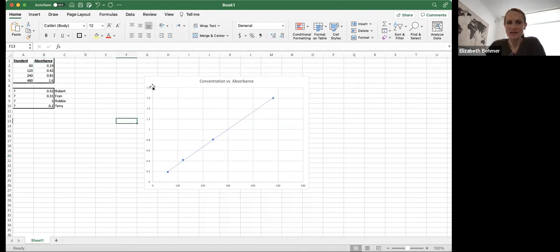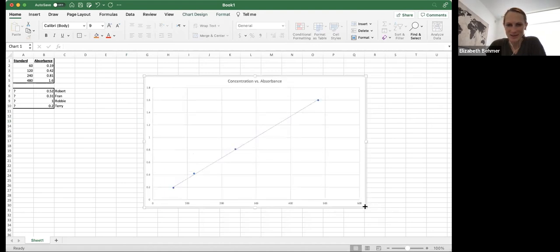If we graph this out, on the y-axis, which is the axis that goes up and down, these are our absorbance levels. And then the standard concentration levels are on the x-axis. You can see here at a standard level of about 60 in concentration, that absorbed about 0.2 or 0.19 of light. Our next data point was about 120, and I'll make my graph a little bigger so it's easier to see.